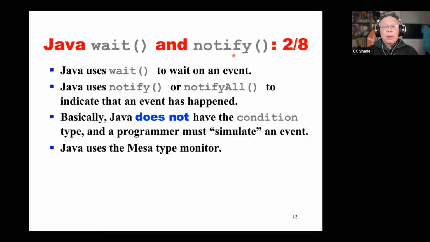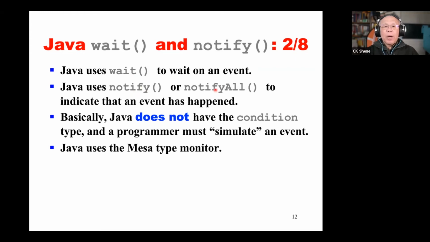So let's discuss Java's wait first. First of all, you have to remember wait must be executed inside a common object, just like in a monitor, wait must be executed inside the monitor. So Java uses wait to wait on an event. Java uses notify to release a thread and the notifyAll method to release all waiting threads.